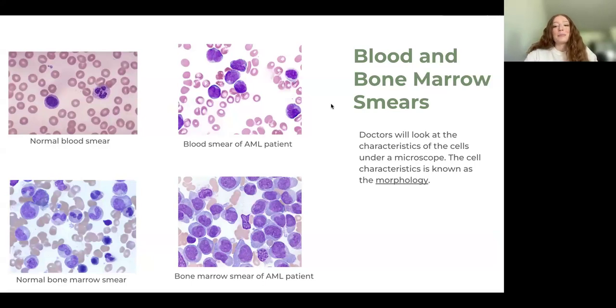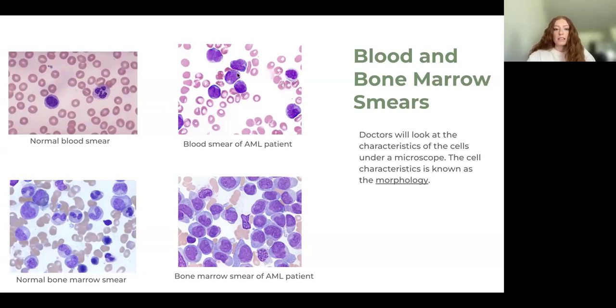So blood and bone marrow smears kind of look like the wildflower field analogy that I talked about. In the normal blood, you're going to see a lot fewer white blood cells than red blood cells. And the ones that you do see, they're mature, they're normal. So this is a lymphocyte, this is a neutrophil. And then here is the blood smear of an AML patient, and there's a lot more, but these are also immature forms.